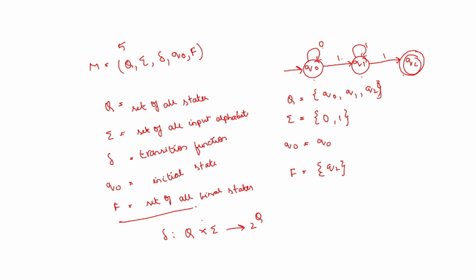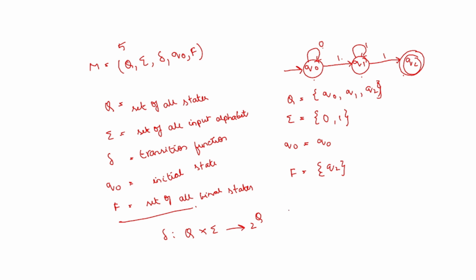What this means is that any state when applied on an alphabet will maximally have 2 to the power of Q states. That is the difference between NFA and DFA. While DFA has exactly one transition for each symbol, that is q0 should have both 0 and 1, and q1 also should have 0 and 1, but here we don't find 0 for q1. So this is the difference between NFA and DFA.